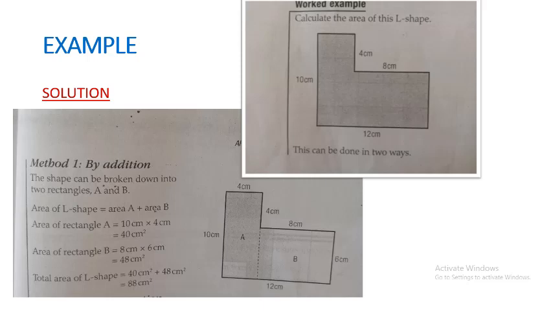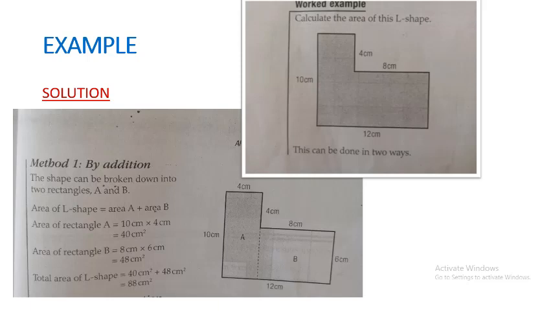So for you to find the area of a composite shape, try to break the shape into simple shapes and use the formula for those simple shapes to find their areas, and at the end you are going to add all the areas to find the total area of the whole shape.